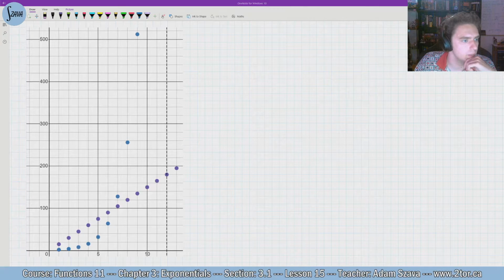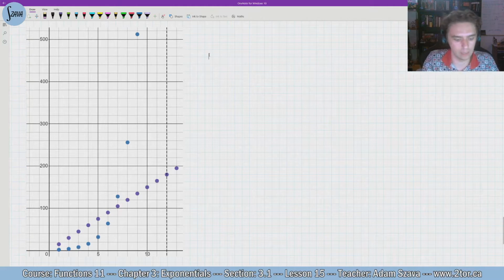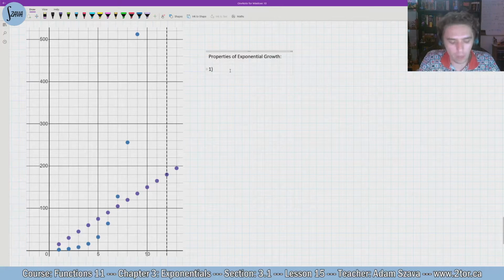So the first thing to notice is that growth. Let me just mention here, I'm going to say properties of exponential growth. The first property is the graph increases at an increasing rate.